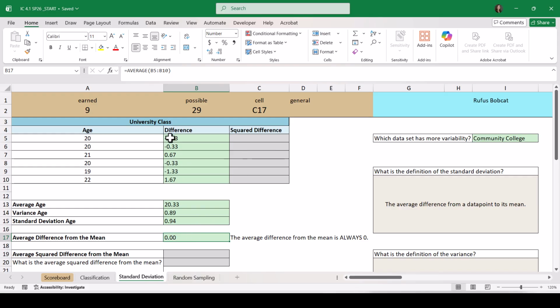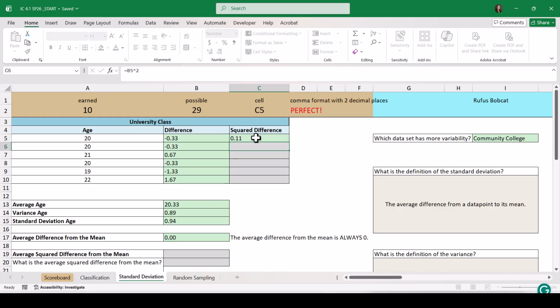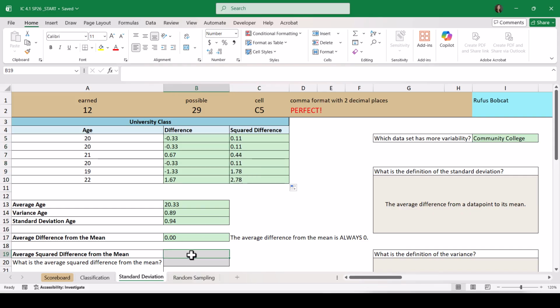So what we want to do is remove these negative signs, right? We don't want the positive and negative values canceling each other out. So what we do is we square the difference, right? If you square a value, you are removing the negative sign. So now I'm going to square all the differences, and then I'm going to compute the average squared difference.